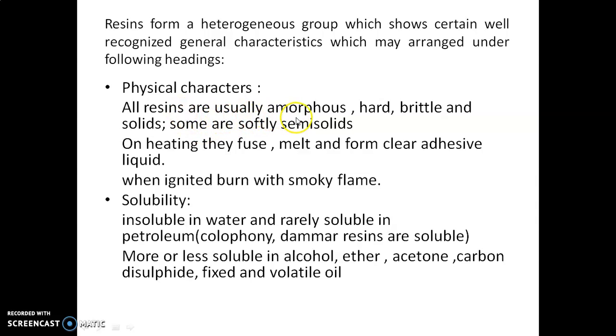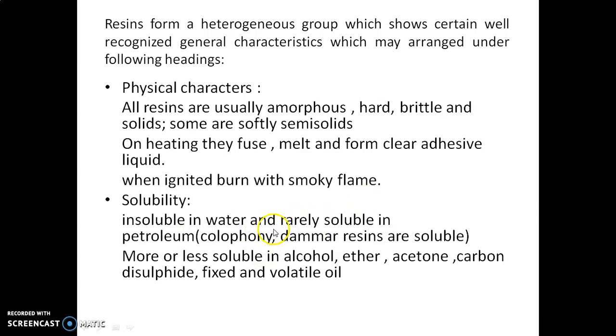All resins are usually amorphous, hard, brittle and solid. Some are softly semi-solid. By the action of heat, they all soften and fuse, yield clear adhesive fluid, and on ignition they burn with smoky flame due to high amount of the carbon present in this resin.